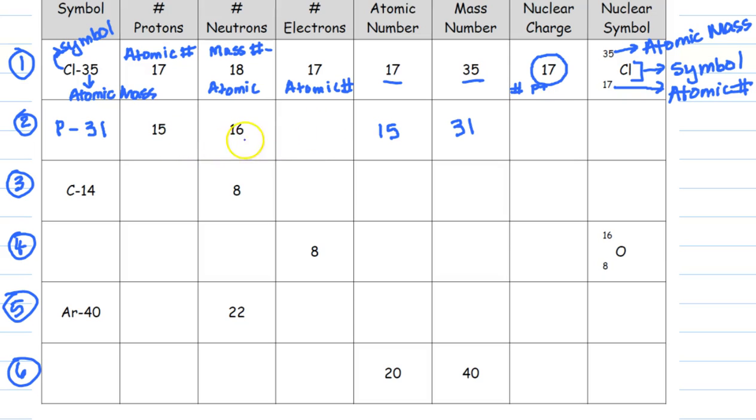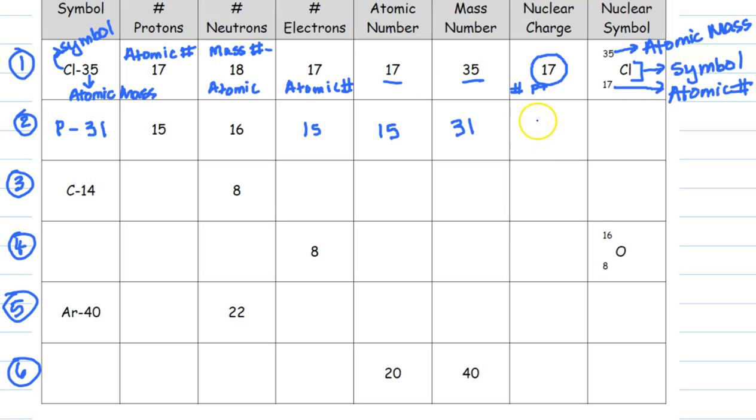Now, I have to have the same number of positives as I have negatives. So I have 15 positive particles, so I have 15 negative particles. The nuclear charge is the number of charged particles in the nucleus. The only particle in the nucleus that has a charge is the protons. Neutrons have no charge.